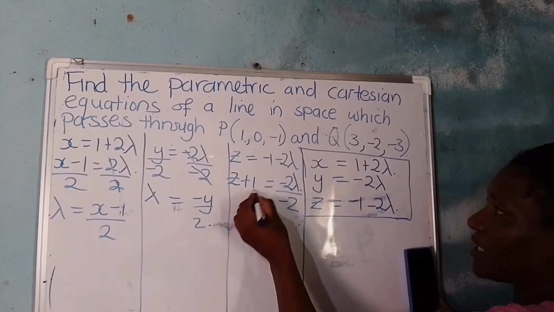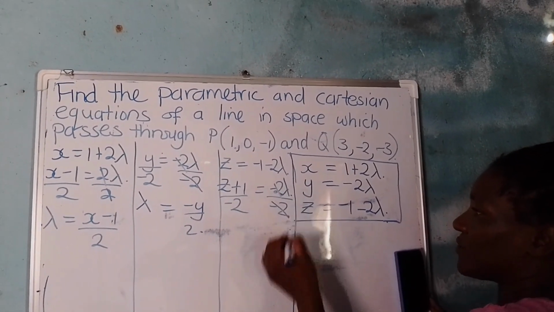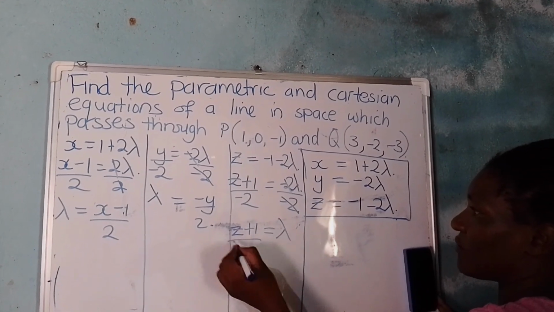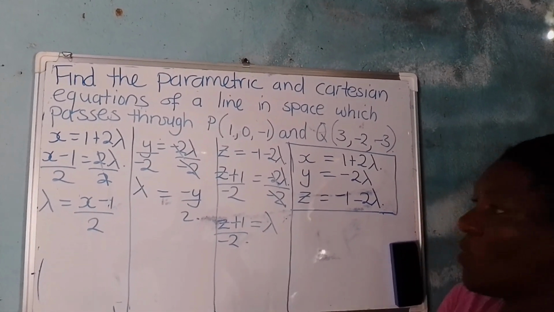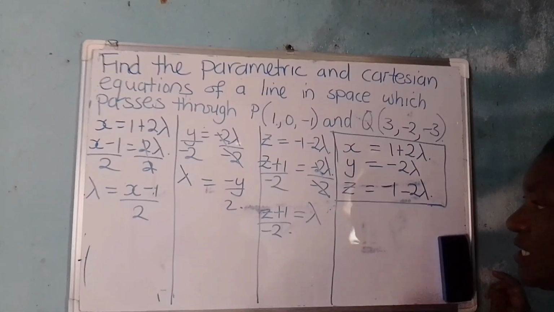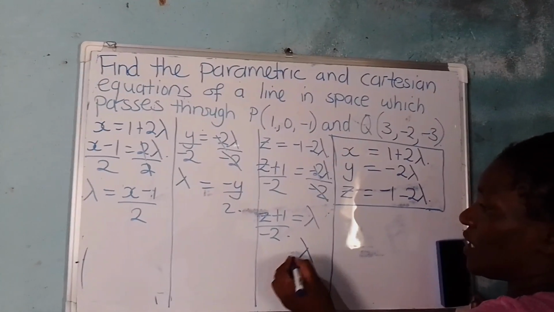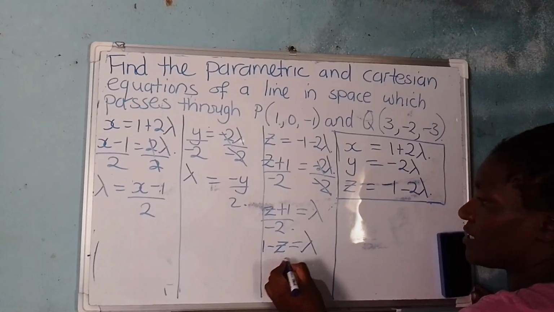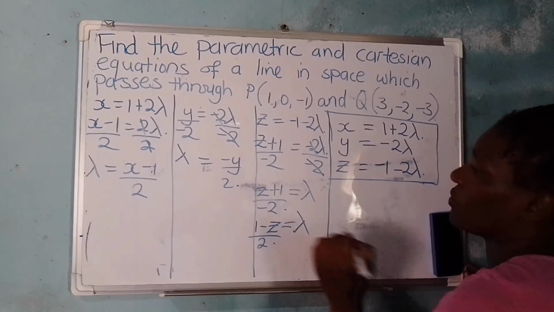Dividing both sides by -2, our λ is equal to (z + 1)/(-2). Right, this can further simplify to λ = (1 - z)/2.